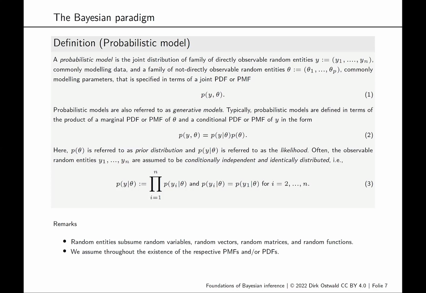Yeah, so this is very different. In frequentist statistics, you always look at the distribution of data and things you derive from that.